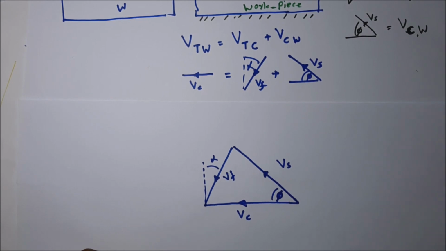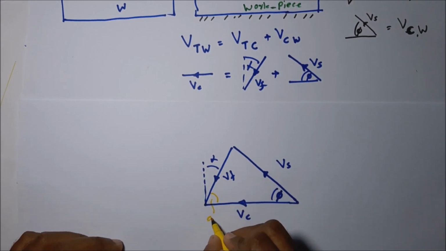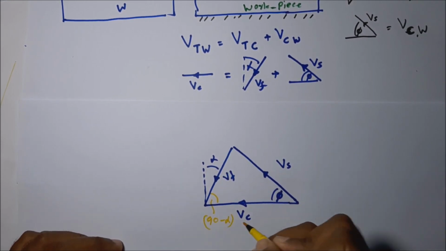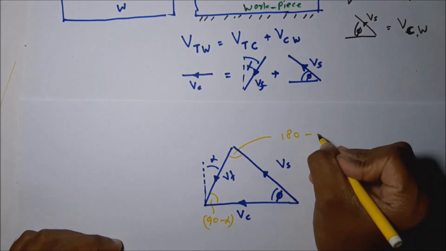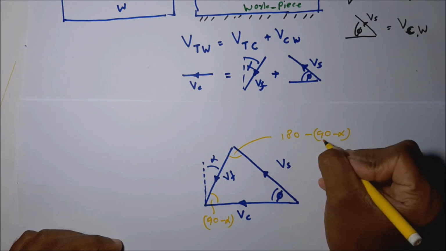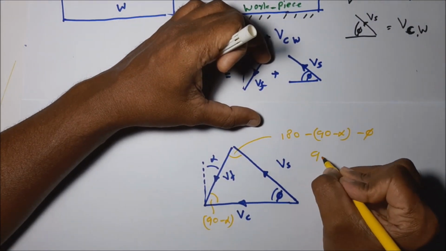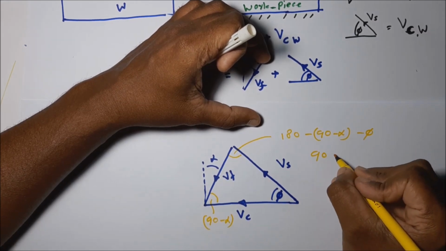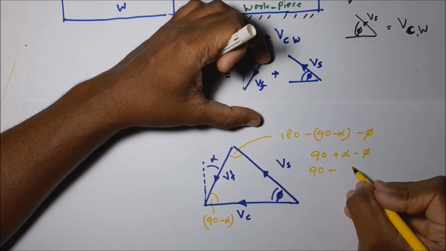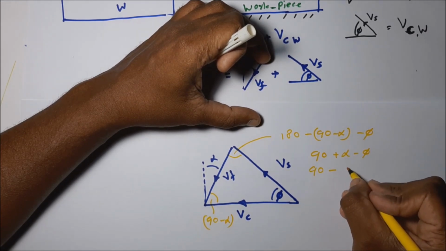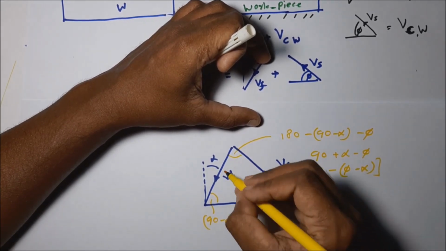Then we can find these angles. This is 90 minus alpha. Then what is this angle? 180 minus (90 minus alpha) minus phi, that is 90 plus alpha minus phi, this angle.